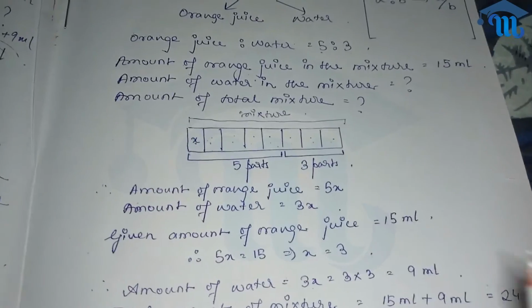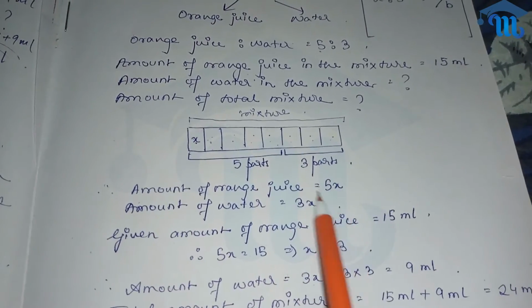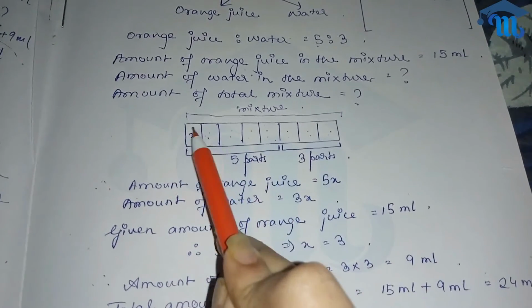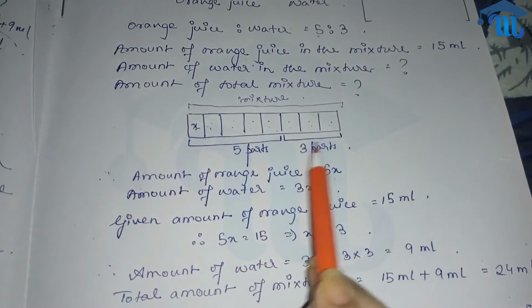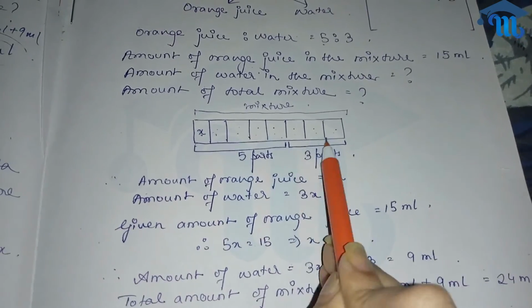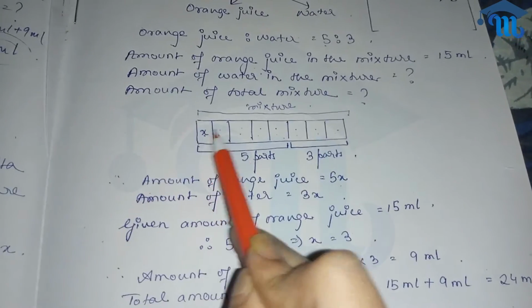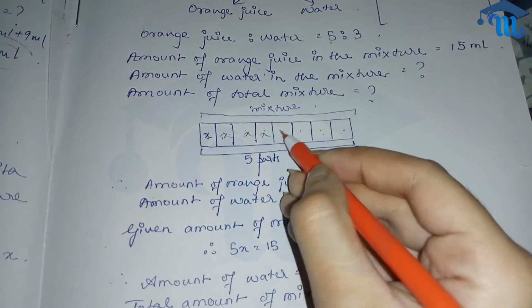This is very simple now. The amount of orange juice is 5x, 5 parts, each of quantity x. Similarly, the amount of water is 3x, 3 parts, all of x. I have just written one, but they are all of x. They go like this.